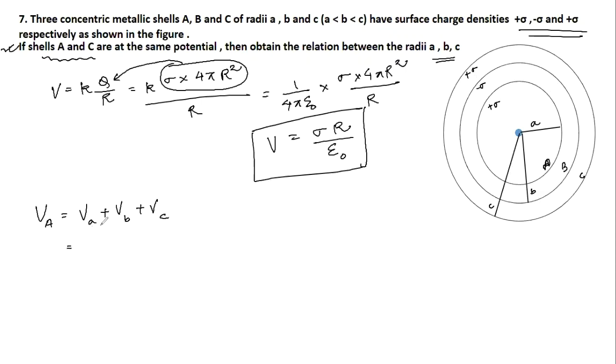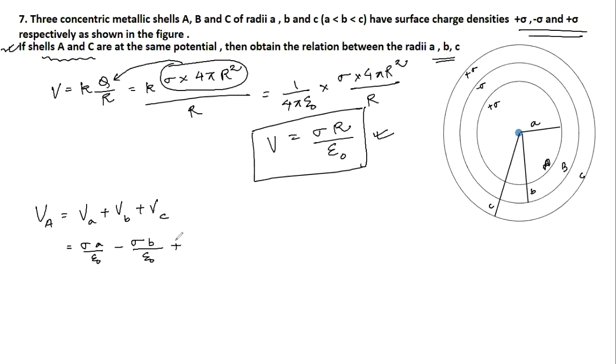We will use the expression sigma capital R by epsilon naught. For surface A, we have plus sigma charge and radius a by epsilon naught. The sphere with radius b has minus sigma charge density, so you get a negative sign, multiplied by the radius divided by epsilon naught.